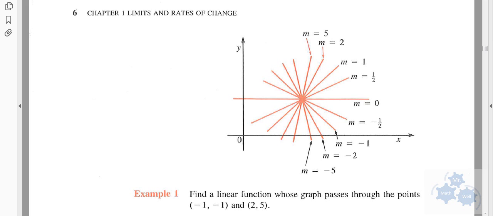And so, of course, the more steep you go from left to right, the higher the number in slope. The more steep that you go in the other direction, from left to right, if it's going down, it's a larger number in the negative direction. So here is a slope of -5, right? You have a rise of -5 compared to a run of +1. It's -5 over 1. Okay? Everybody got that?